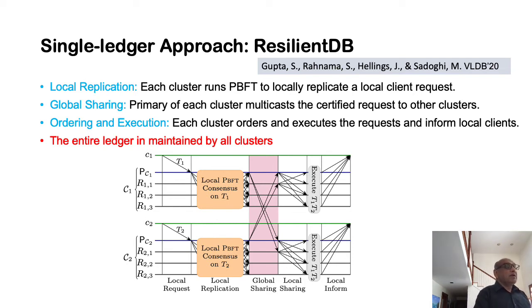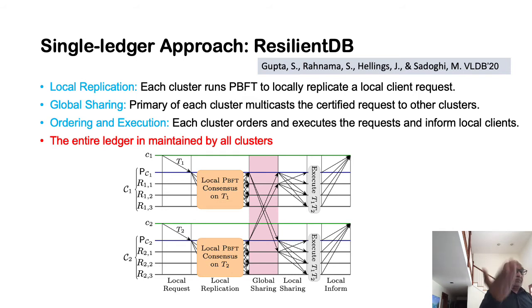So they run PBFT in a much smaller context. Instead of trying to run a global consensus algorithm, once you have run PBFT and achieved a certified commit at the local level, instead of using a Byzantine consensus algorithm across geographic sites, they use what is referred to as global sharing.